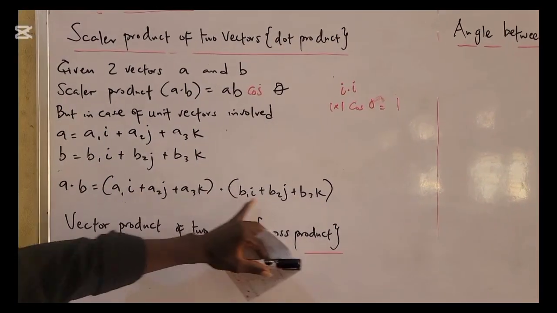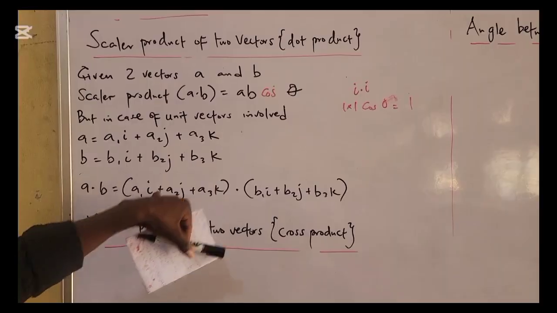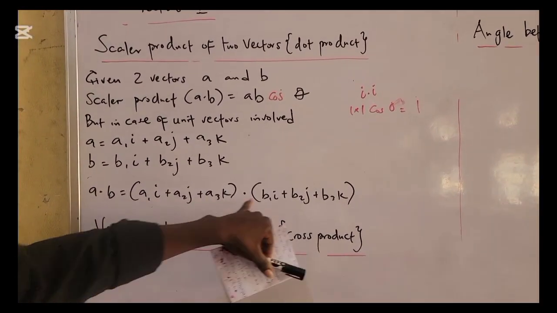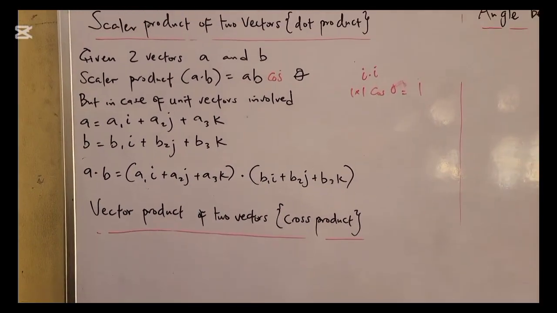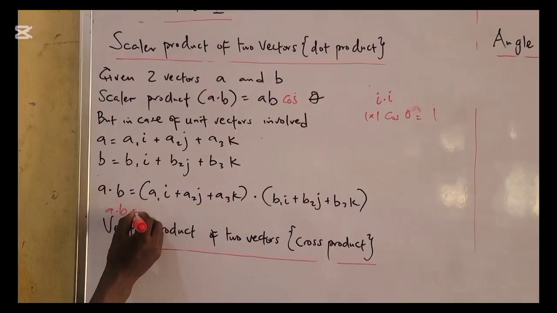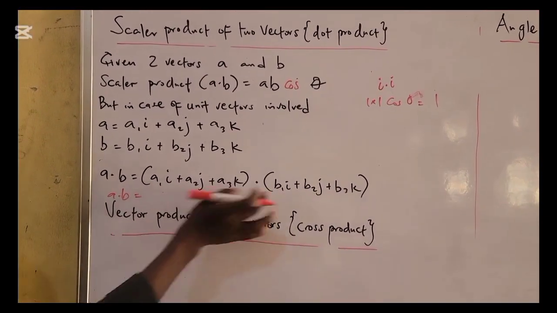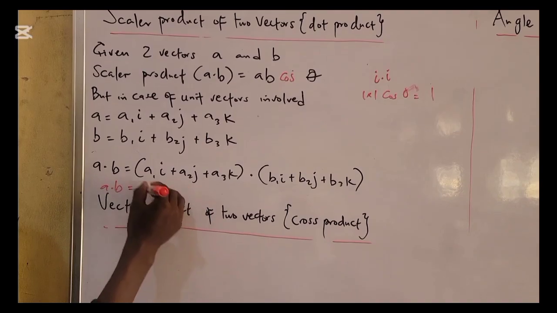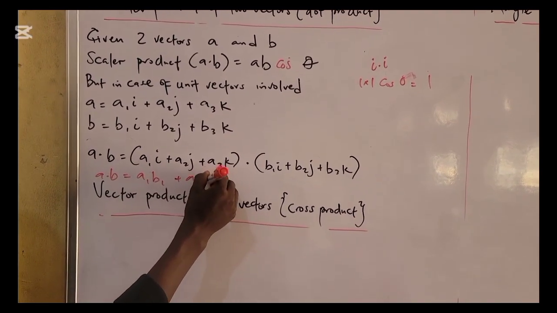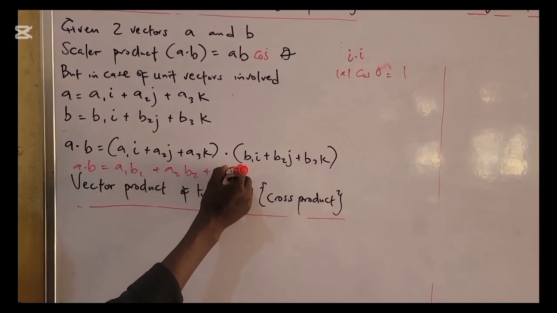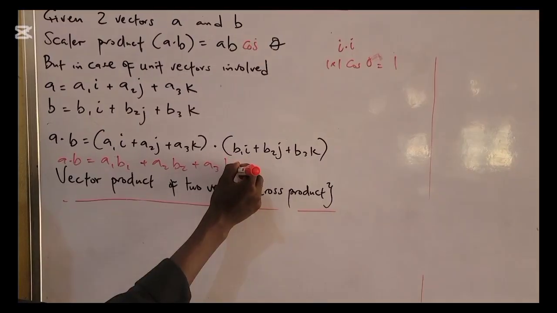So when you are multiplying this together, it will be 1, then you have only A1 and B1 left. So the final answer that we have for A dot B is A1 B1 plus A2 B2 plus A3 B3.